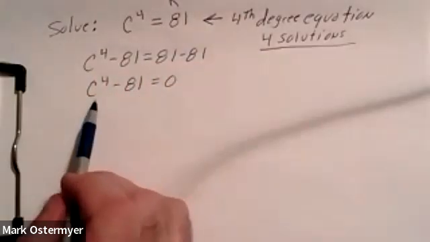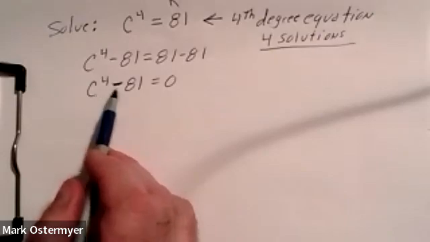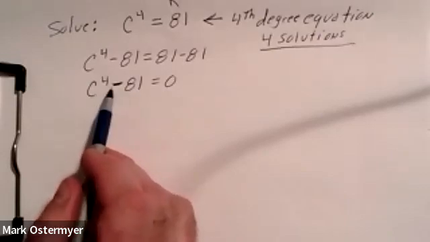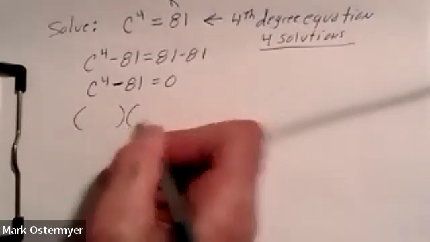Now, ladies and gentlemen, help me factor this left side. Go back to chapter 6, our factoring skills. What do we have here? A binomial. Might it be the difference of cubes or squares? It's the difference of squares, so it should factor into the product of conjugate binomials.